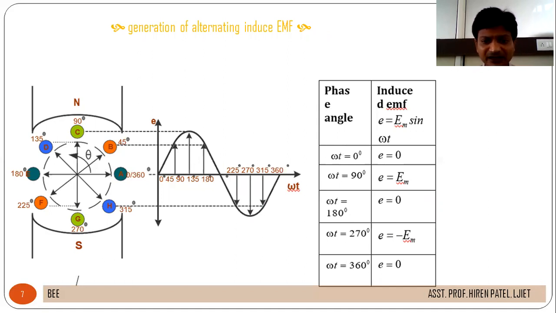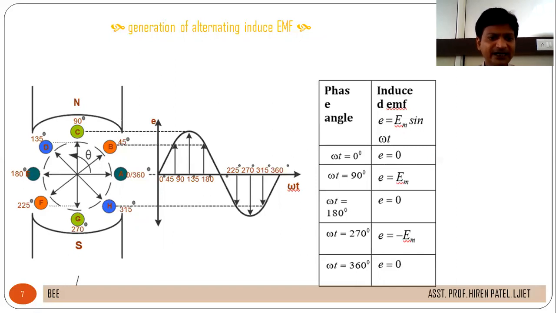First case: when omega t equals 0, meaning theta equals 0, we have E equals 0. The value of alternating induced EMF is 0.